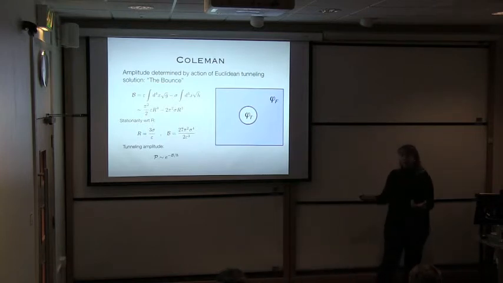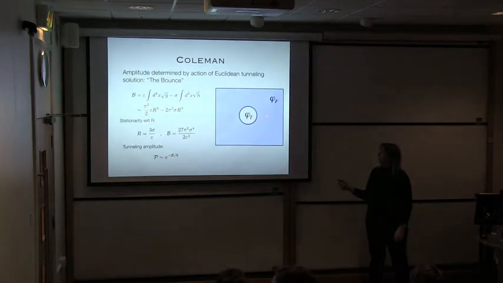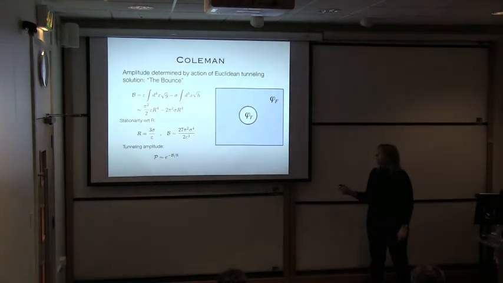If it's too big, yes, you've got more energy by making more of your space true vacuum, but then it costs a lot more because you've made a huge region change from one vacuum to the other. So you put those two features in: the volume factor with the potential energy difference epsilon, and the area of the wall factor with what we call sigma, which is the energy per unit area of the wall.